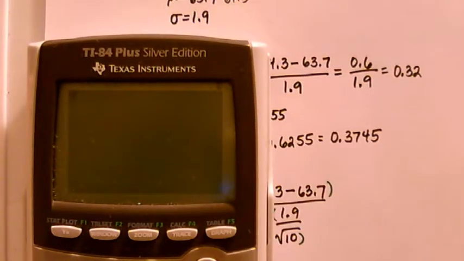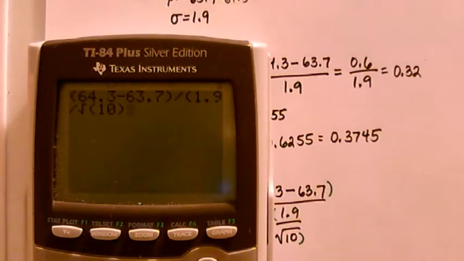You start with left parentheses 64.3 minus 63.7 and then close the parentheses. Then divided by, and then left parentheses 1.9 divided by square root of, second x squared for the square root, and then type in 10.